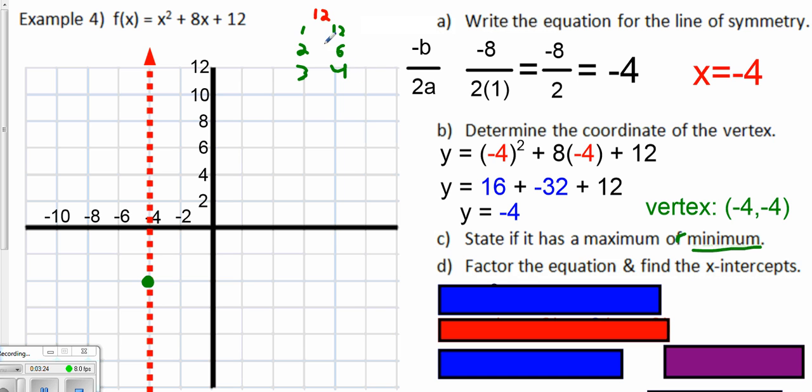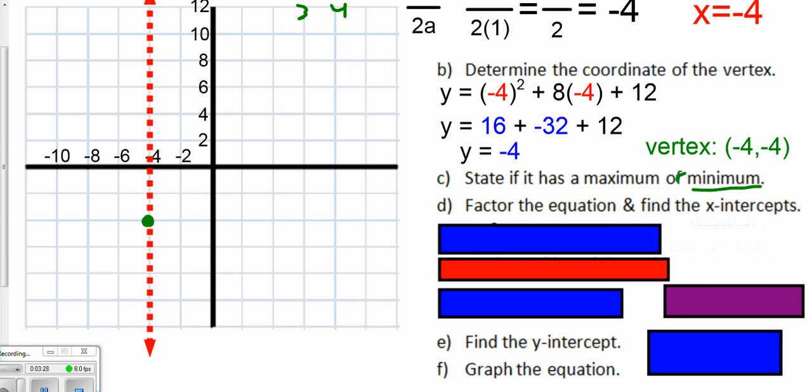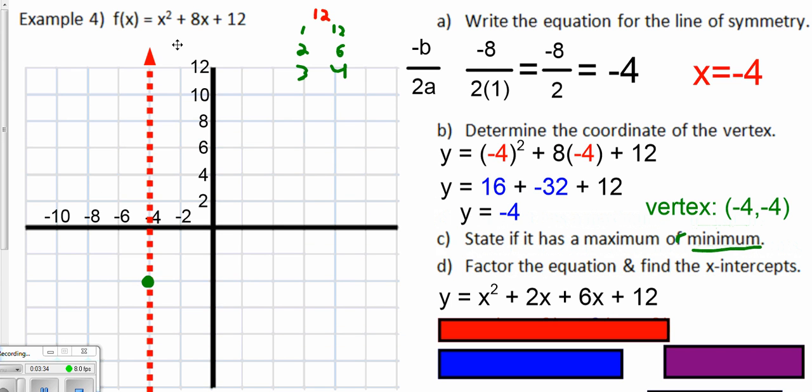Which ones of those would add up to 8? Would be 2 and 6. So when we split this up, we would call it y equals x squared. Instead of plus this 8x, we're splitting it into 2 and 6. So y equals x squared plus 2x plus 6x plus 12. Because this 6 and 2 would add up to 8x.